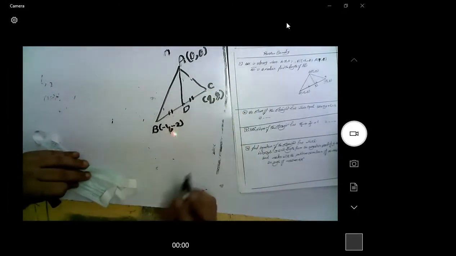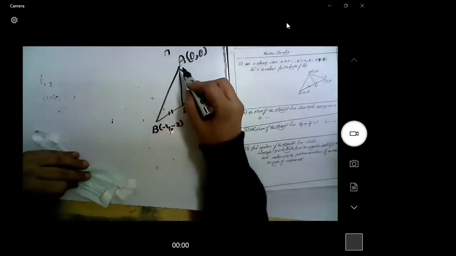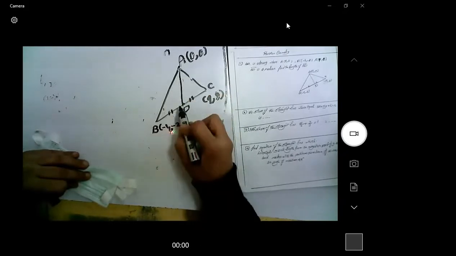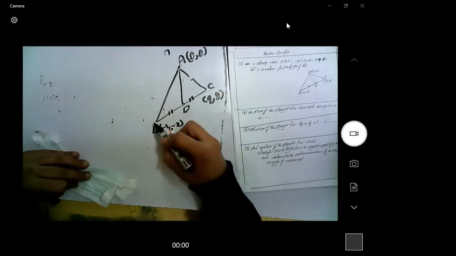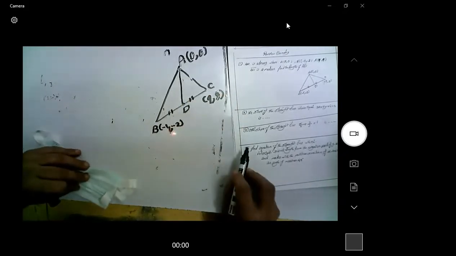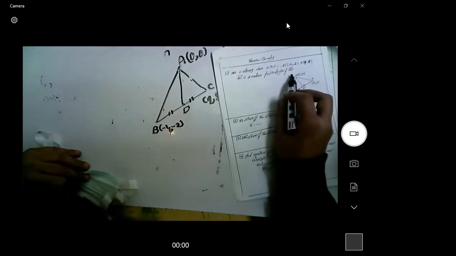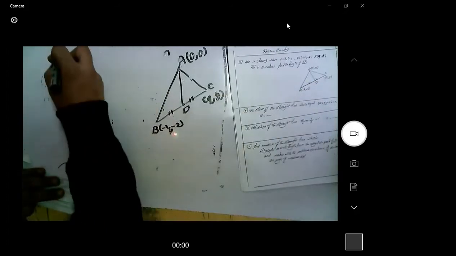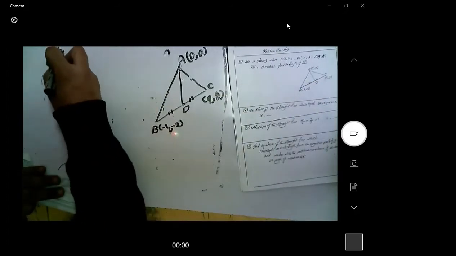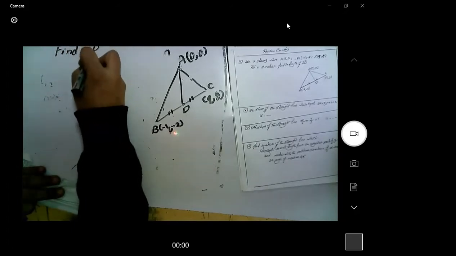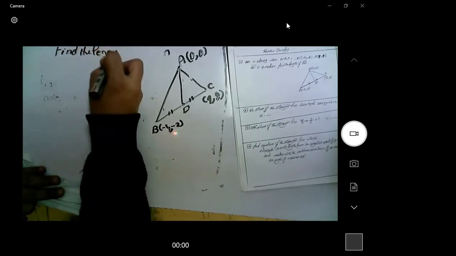AD is a median. The question is to find the length of AD.